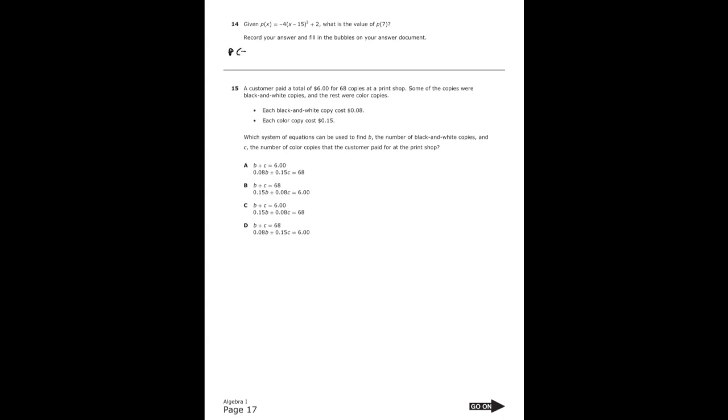So p of 7 is going to be negative 4 times 7 minus 15 squared plus 2, which is negative 4 multiplied by negative 8 squared plus 2. And so this is going to be negative 4 multiplied by 64 plus 2, and this is going to be negative 254.